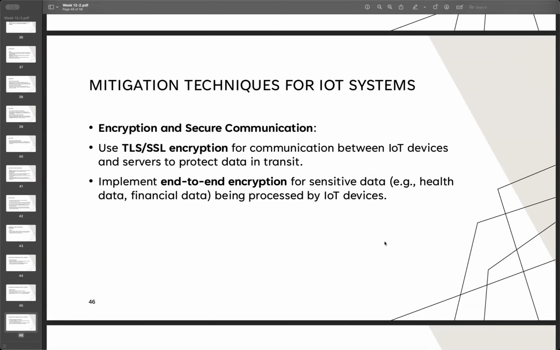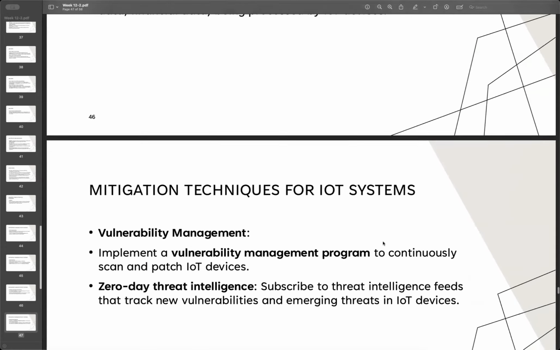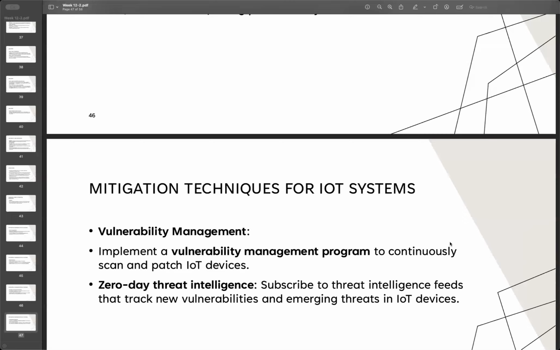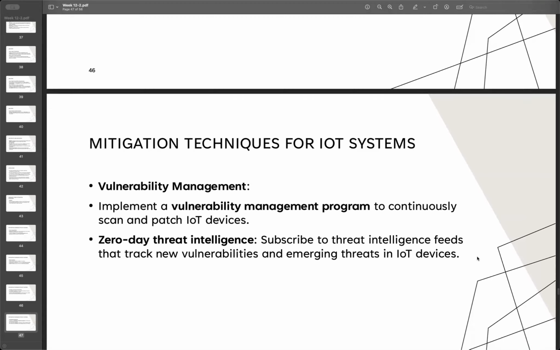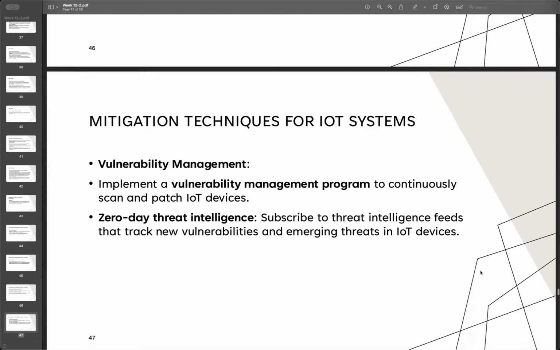We call these encryption in transit and at rest, so this is two directions we need to cover. Maybe we can implement a vulnerability management program that continuously scans and patches IoT devices. We can also work on zero-day threat intelligence: subscribe to a threat intelligence feed and track new vulnerabilities emerging in IoT devices.